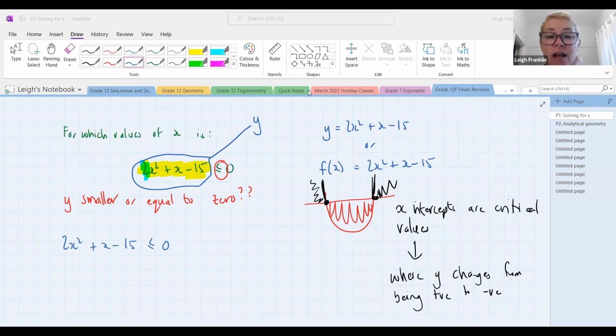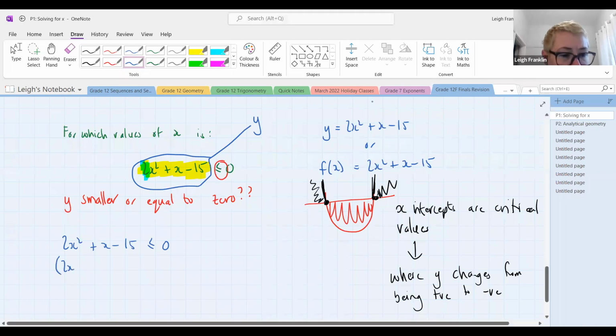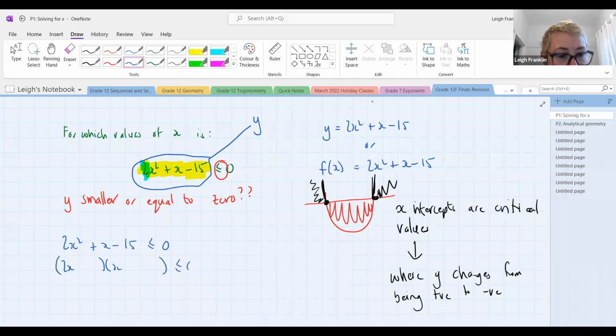Exactly. Now we need to factorize. And remember, when we factorize, we cannot leave off our inequality sign. So we're going to factorize. Here we've got 2x. Here we've got x smaller than or equal to 0. Now we need to think of two numbers. Which two numbers, when I multiply them together, is going to give me 15?